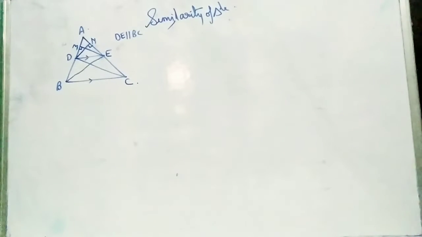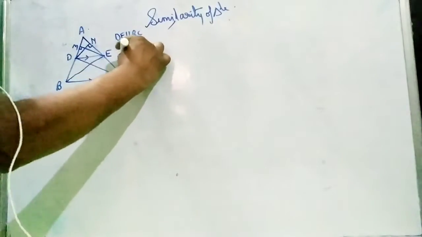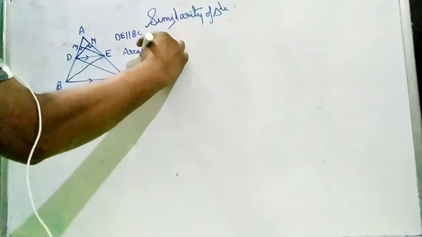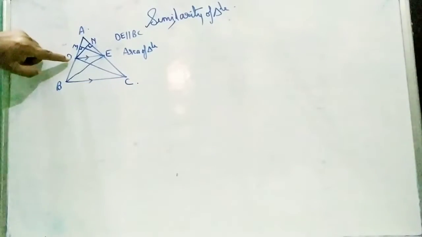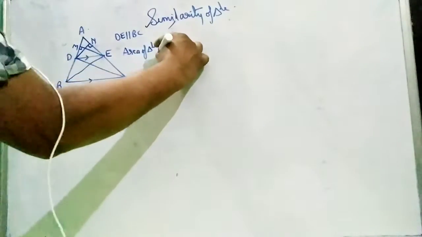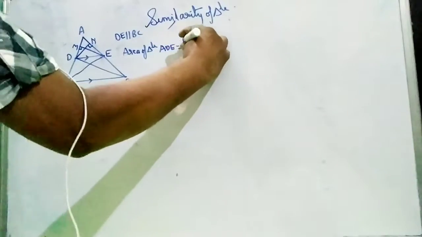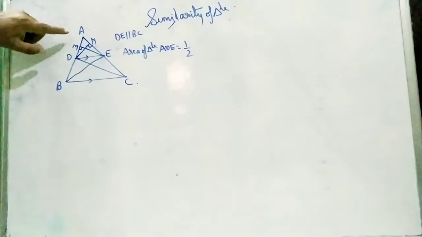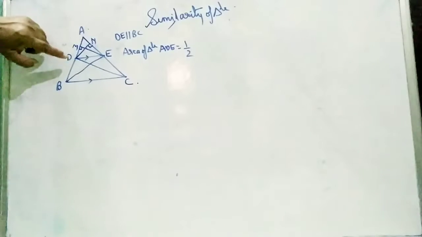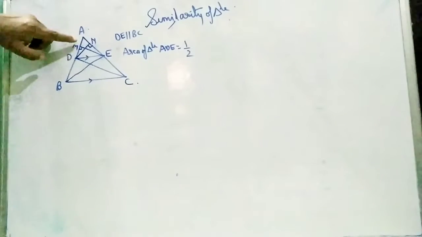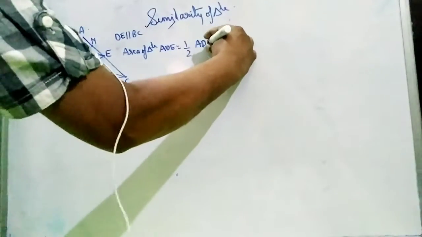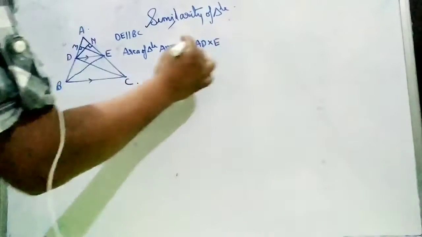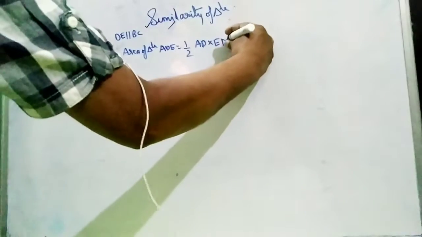Any doubts? Now we have to find the area of triangle ADE. It is half base AD into EM.